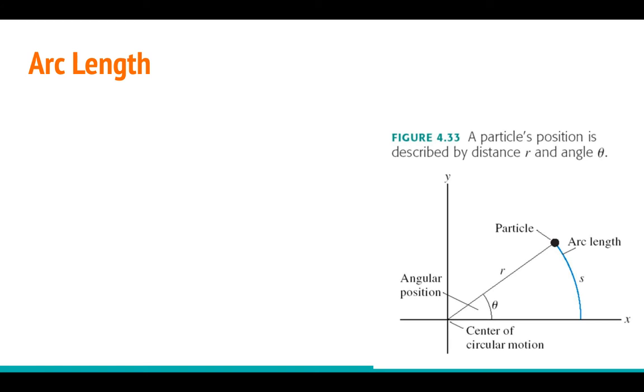We can also denote the arc length, which is the path around the circle that an object has traveled. It's technically a linear distance because you measure it in meters. We use the variable s to represent arc length.